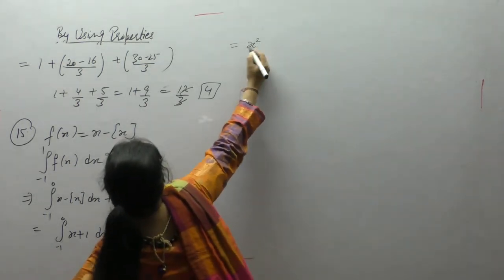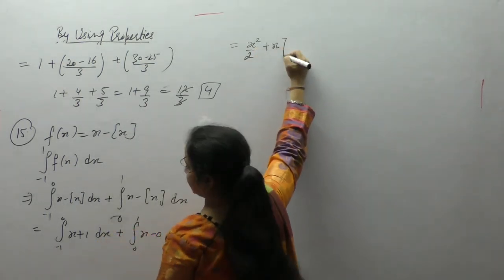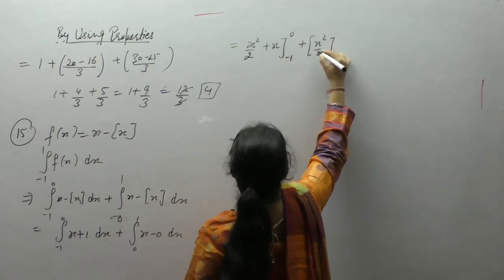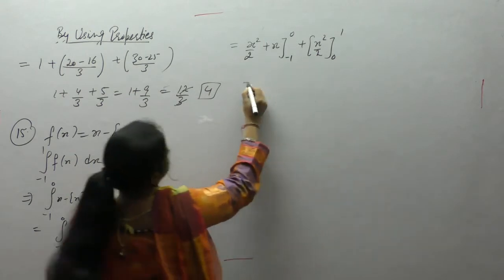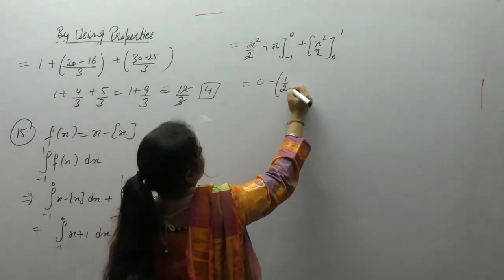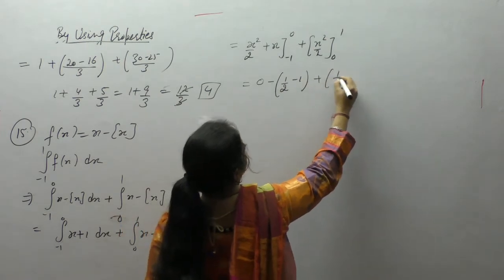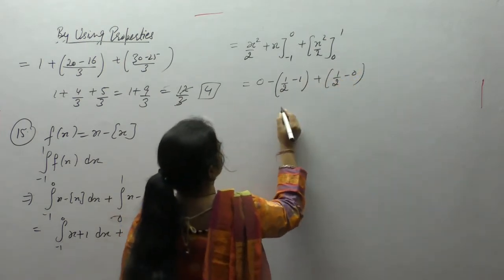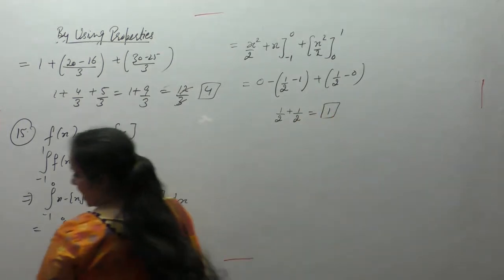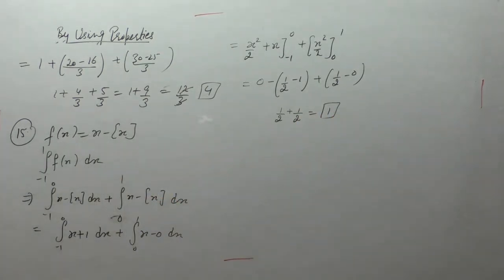Integral of x, x square by 2 plus x square by 2, 0 to 1. Upper limit is 0, minus 1 square, 1 by 2 plus 1 by 2. Half plus half is equals to 1.